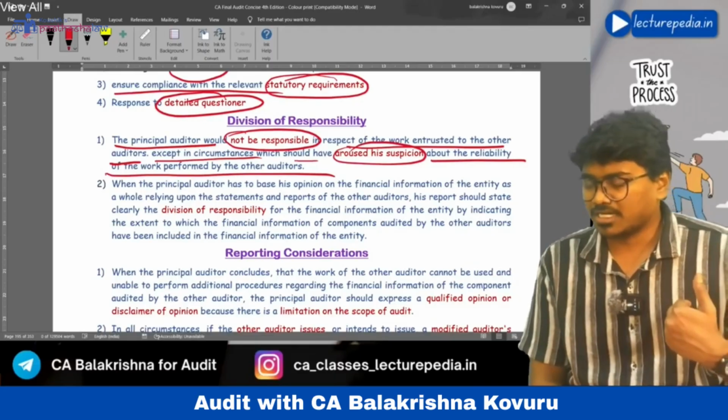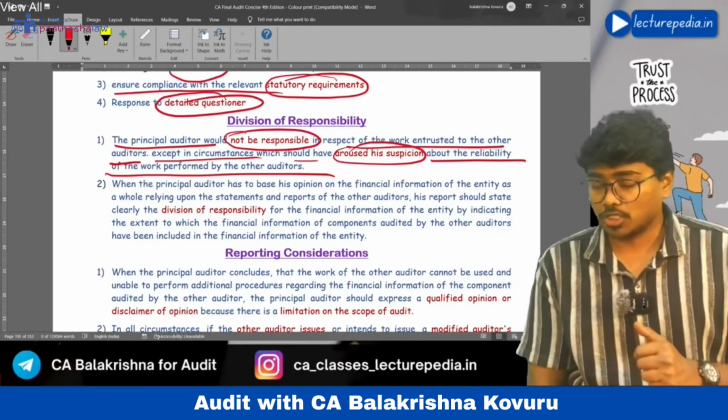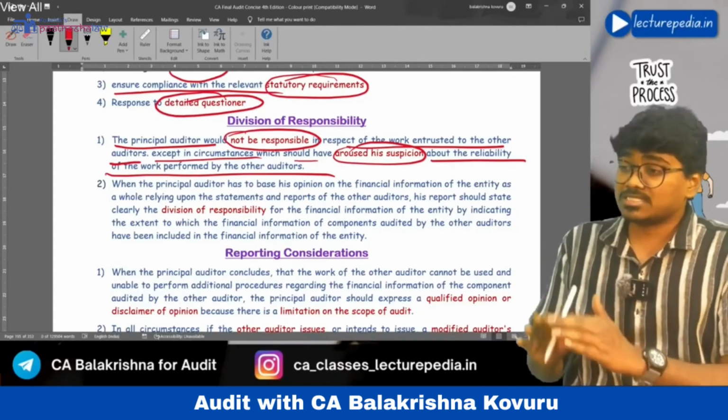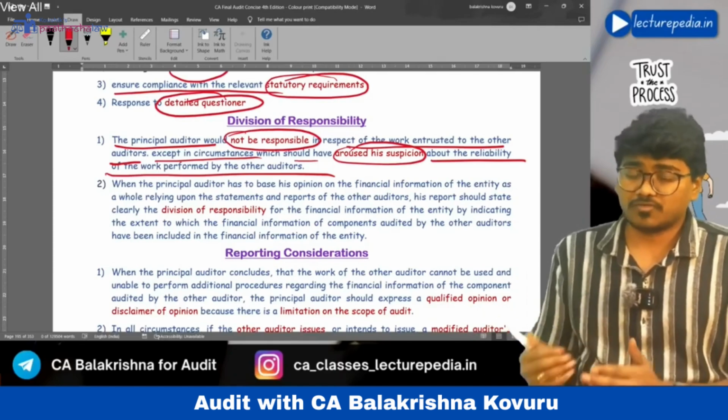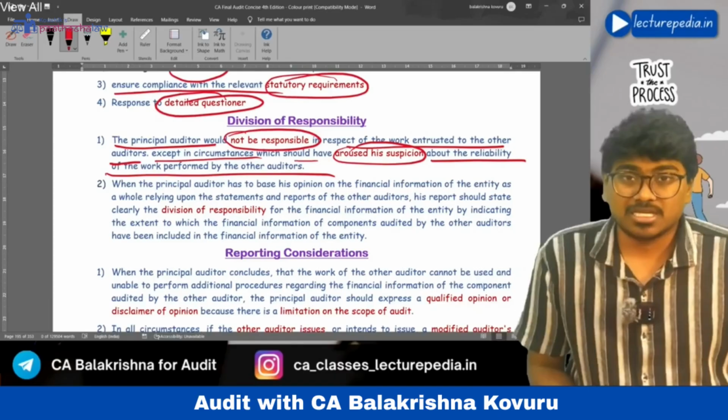However, if the principal auditor gets any suspicion with respect to the work done by the other auditor, then with respect to that work where there is a chance of suspicion, the principal auditor will also be responsible.